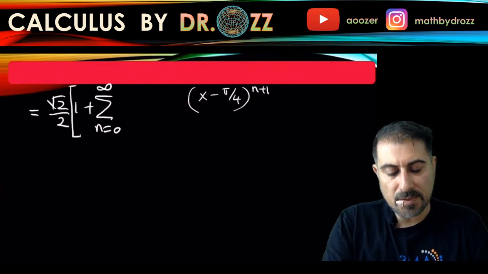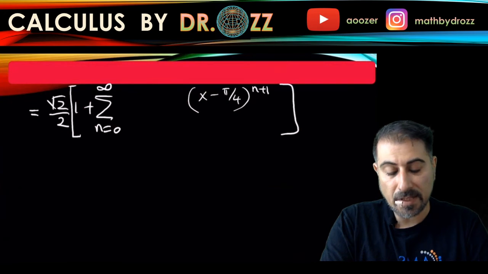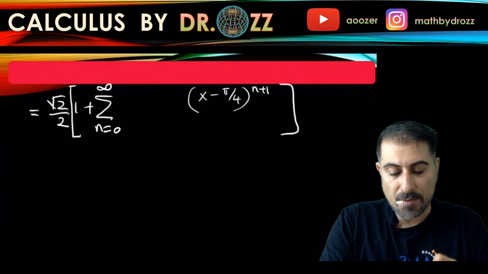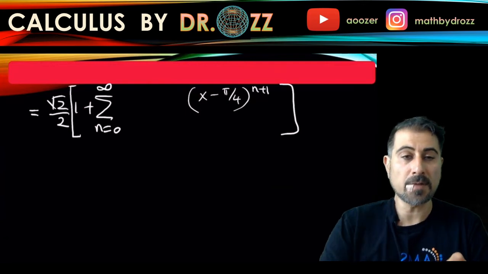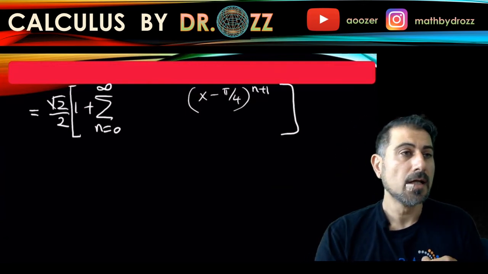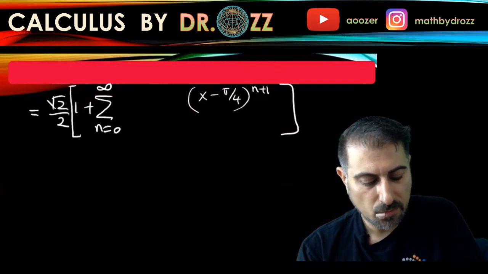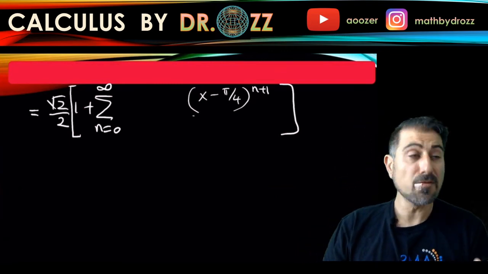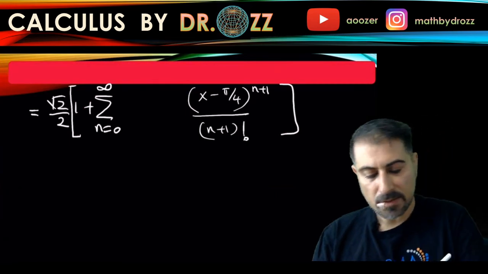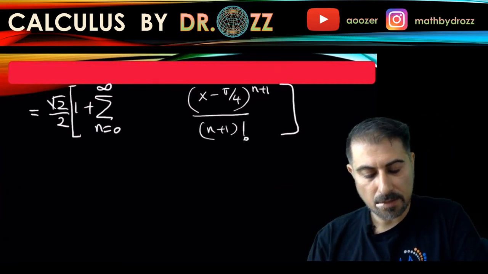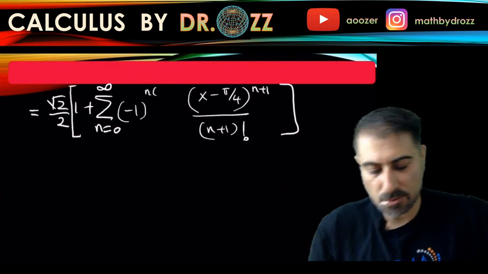The next term is x minus pi over 4. That is what comes with n equals 0. So I put the constant out, and the very first term starts with x minus pi over 4 to the power of 1, and that should come along with n plus 1 factorial. That's 1 factorial for n equals 0. Then I'm going to write this first and discuss it. And (n minus 1) over 2.